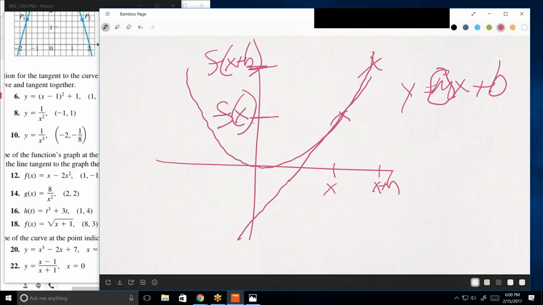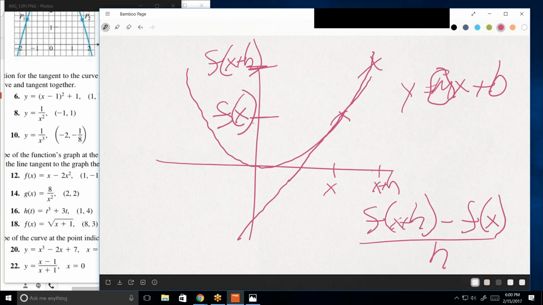How would you figure out the slope of that line? You would say f of x plus h minus f of x. That's the rise. And the run would be x plus h minus x, which comes down to h. So that's how you end up with f of x plus h minus f of x all over h.